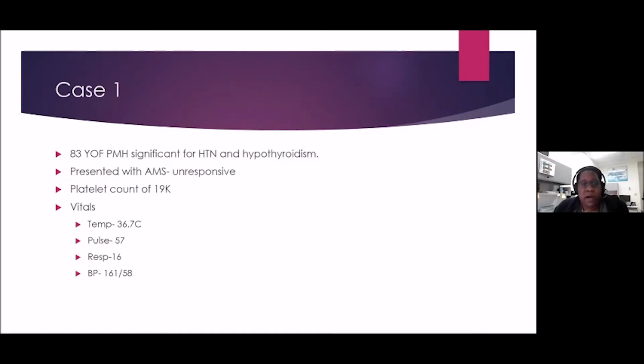She's afebrile, she's not tachycardic, her respirations are fine. Her systolic pressure is a little elevated, and diastolic is a tad bit low, but nothing I would be very concerned about with the vitals. But what bothers me is the altered mental status and the platelet count of 19,000.